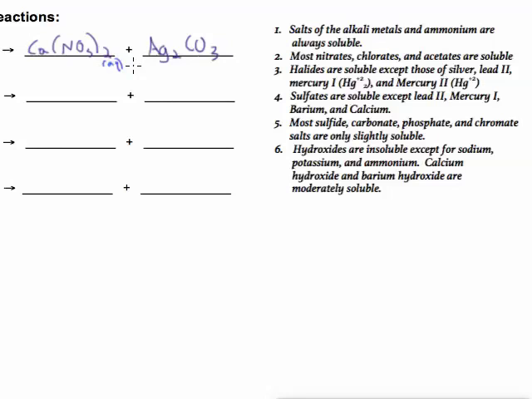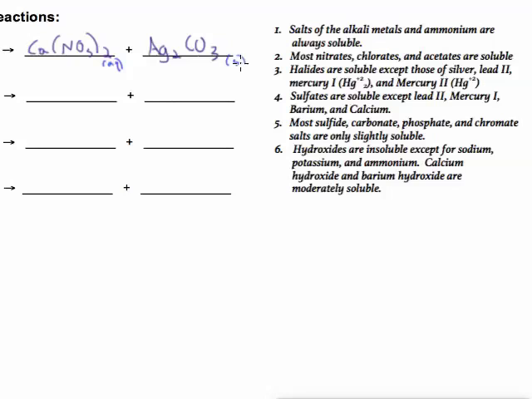So let's look for something about silver or something about carbonate. Nothing in the first line. Halides, but we're not dealing with a halide. Sulfate, not dealing with a sulfate. Well, sulfide, carbonate, phosphate, and chromate salts are only slightly soluble. We said that we could then consider that that would precipitate, and that would cause this reaction to happen. Here you can either put PPT for precipitate, or you can put S for solid. They both mean the same thing. It's not a big deal.